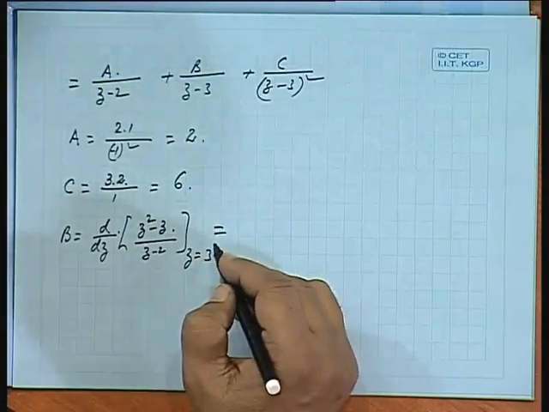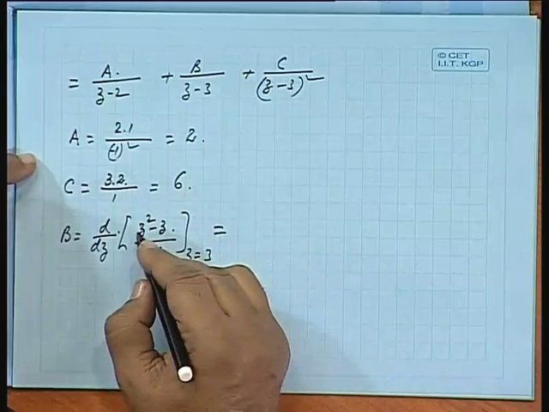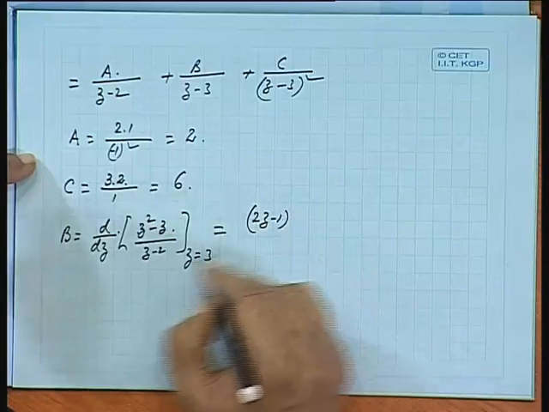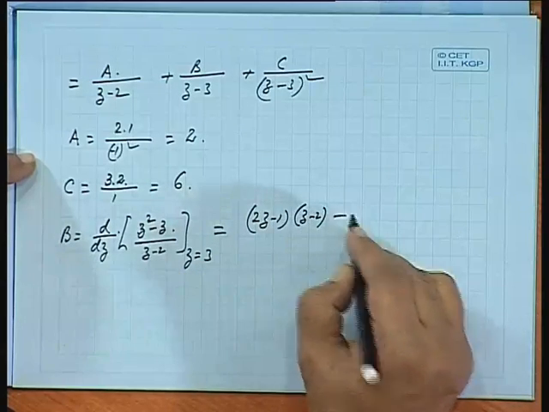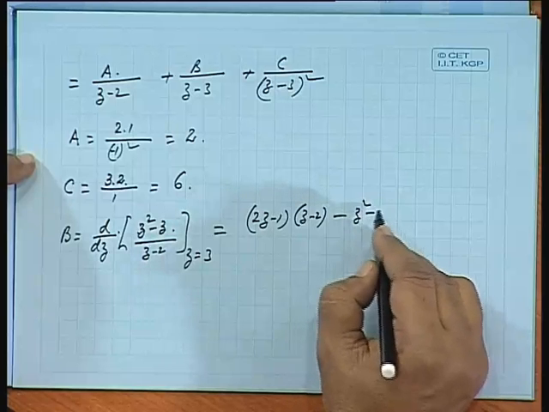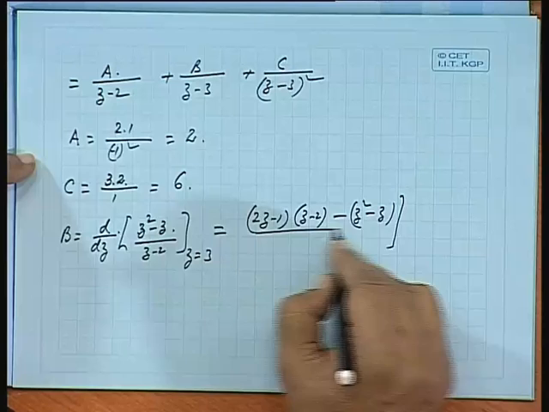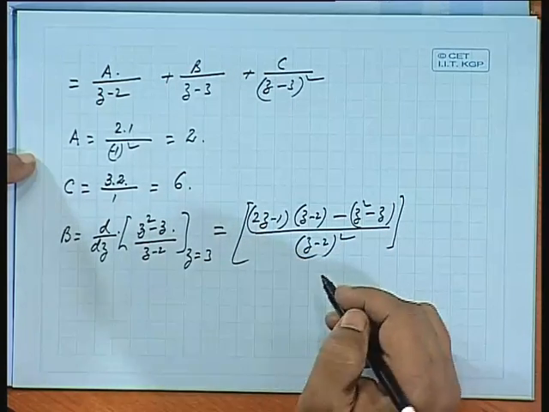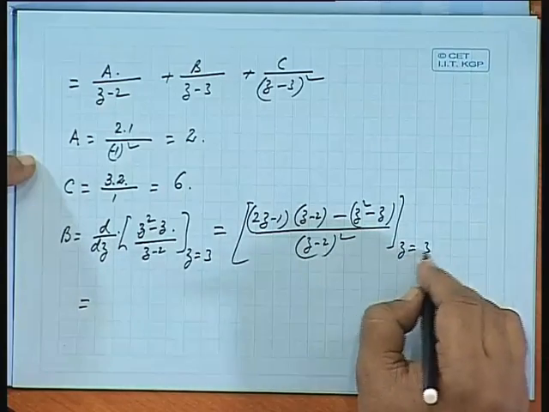Is that all right? So, numerator will be 2z minus 1 into z minus 2 minus z square minus z, by z minus 2 whole square, evaluated at z is equal to 3.